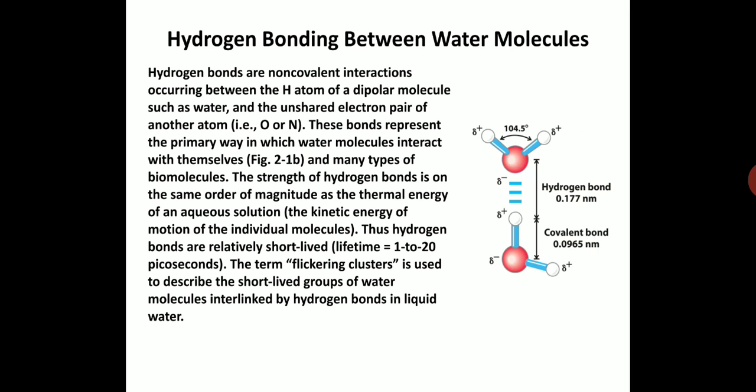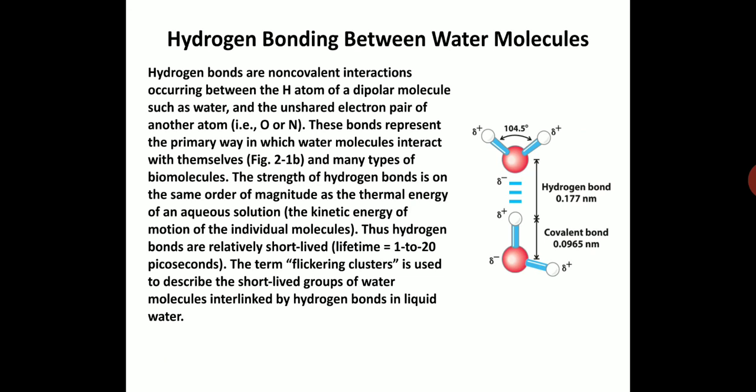The strength of hydrogen bonds is of the same order of magnitude as the thermal energy of an aqueous solution, that is the kinetic energy of motion of the individual molecules. Thus, hydrogen bonds are relatively short-lived, lifetime being equal to 1 to 20 picoseconds.